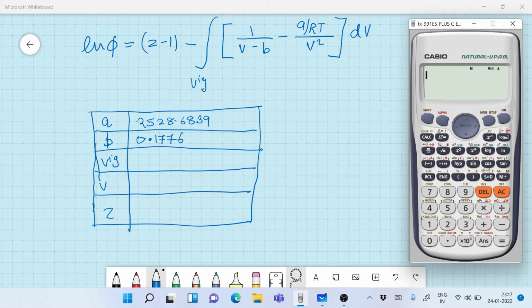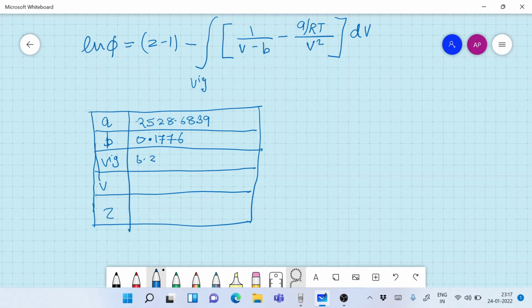So V ideal gas simply is 8.314 into 600 kelvins divided by 800 kilopascals, and that's 6.2355 meter cube per K mole.